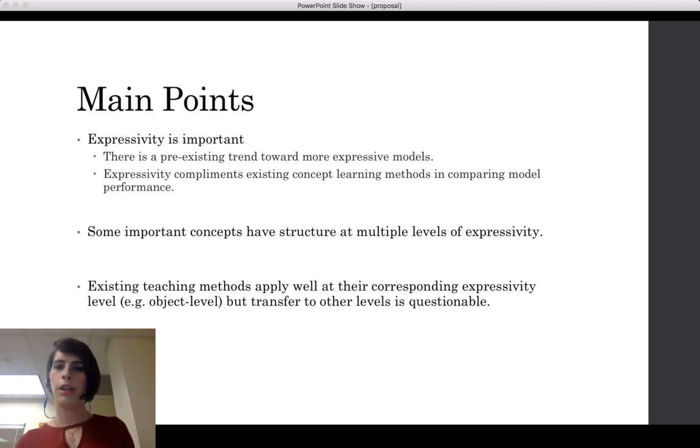So I'll get to Marcy's question first. Wouldn't it work just as well to provide conceptual instruction first? That is a great question. There's work that I really like, I think it's from Tom Griffiths' lab, Bushbaum and Griffiths, about cultural learning, learning across cultural generations.